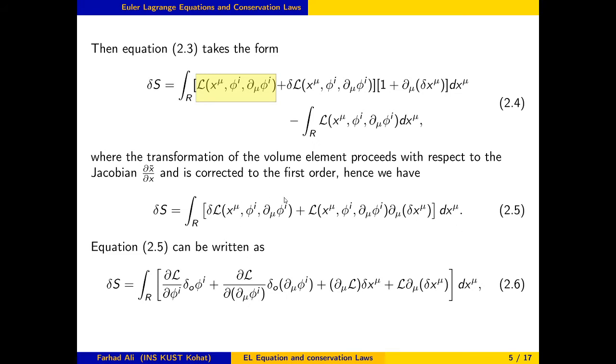Now this is the variation in the Lagrangian. The variation in the Lagrangian occurs due to the variables x, phi, and the derivative of phi. So this is the variation in the Lagrangian due to phi. This is the variation in the Lagrangian due to the derivative of phi, and this is the variation in the Lagrangian due to the independent variable x, and this last term is the same as this one.